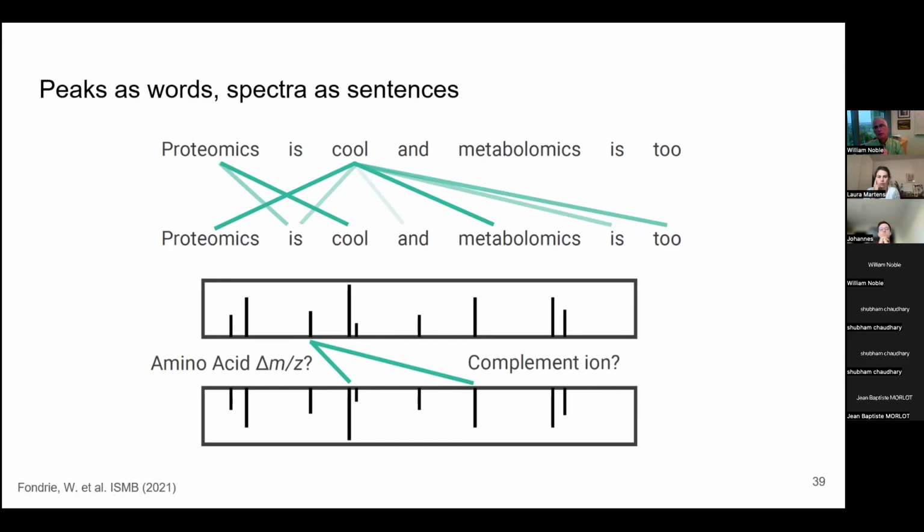Or maybe the relationship between these two M over Z values represents complement ions. So this would be the prefix mass, and this other one is the suffix mass. And the idea is that the attention mechanism might enable the model to pick up on those kinds of pairwise relationships.